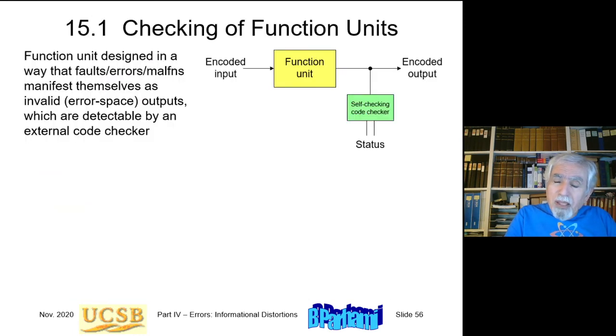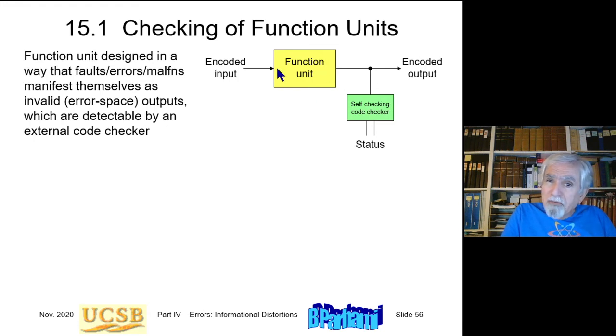So, suppose I'm designing a function unit. It receives some inputs and computes something for me. It doesn't matter what it computes. The self-checking design paradigm does this. It uses encoded inputs instead of just regular inputs. The function unit operates on the encoded input and generates an encoded output.